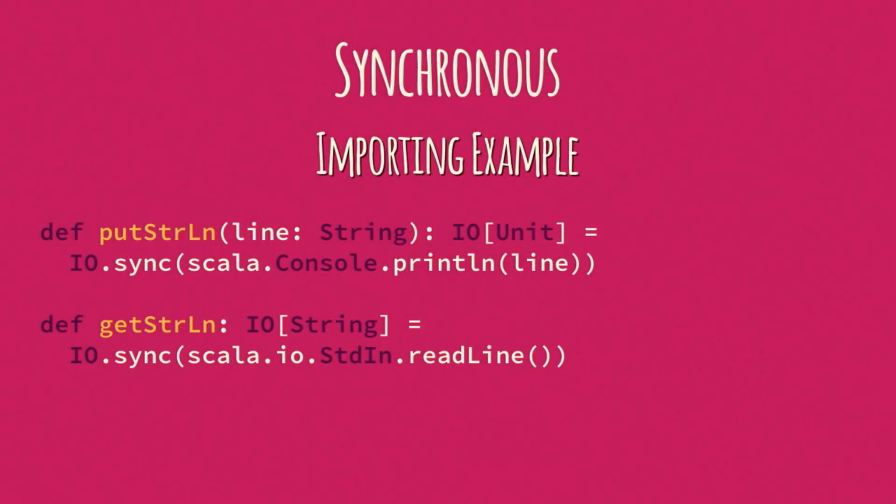And we can use it to build functions that describe interactions with the real world. Like here I've built putStrLn, which prints something to the console, and readStrLn, which reads something from the console. Of course these functions don't actually do anything other than build a data structure, but still they describe that interaction with the real world so that later on it can be interpreted by the runtime system.